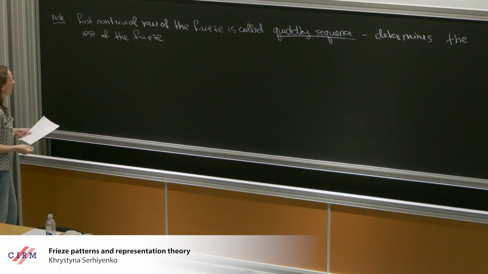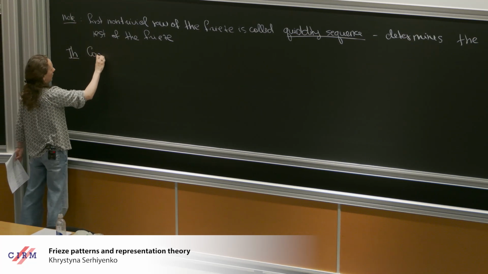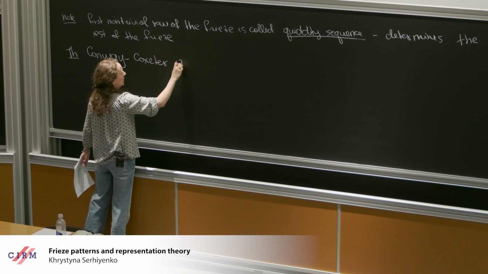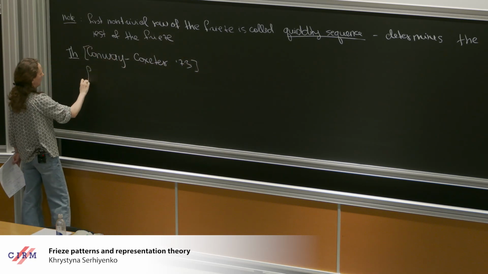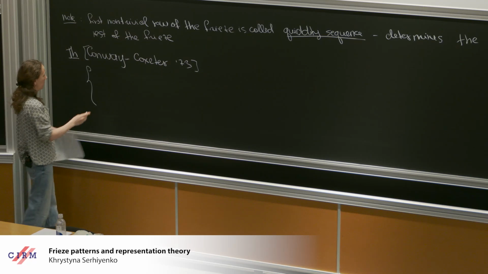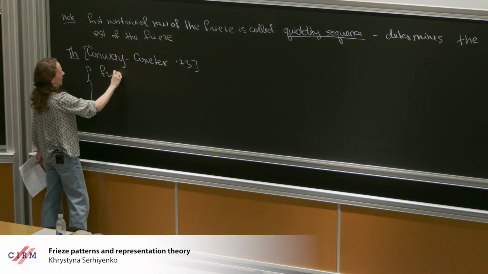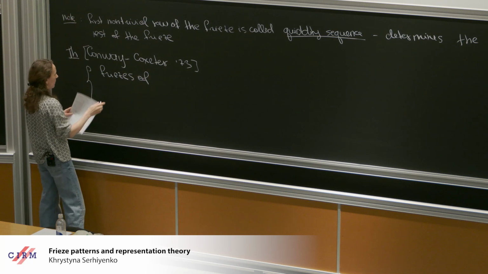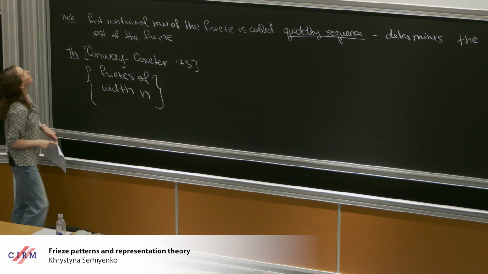Okay, perfect. And so here's the theorem: we have a bijection between friezes, sometimes I'm going to say Conway Coxeter friezes, sometimes I'll just omit that, so friezes of width n, and triangulations of n plus 3 gons.